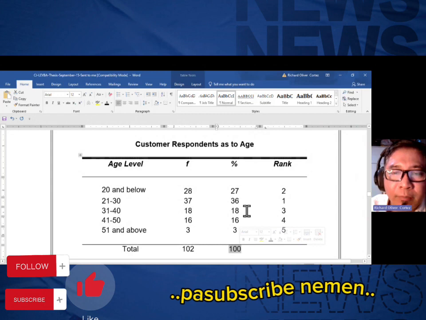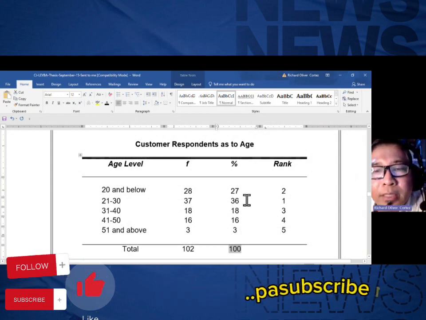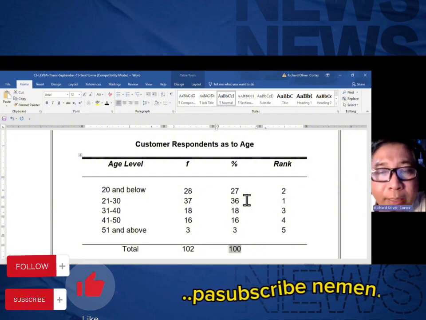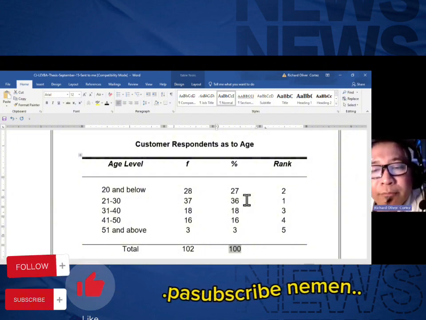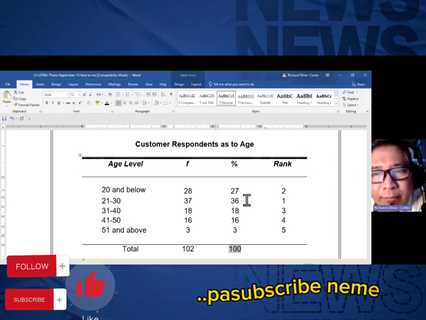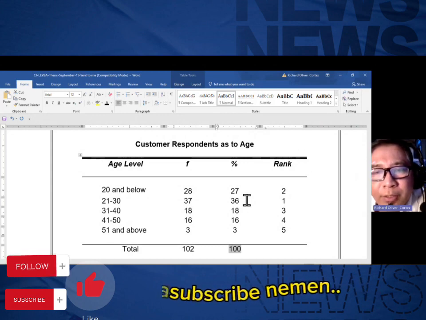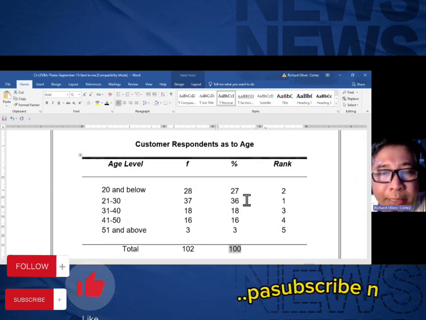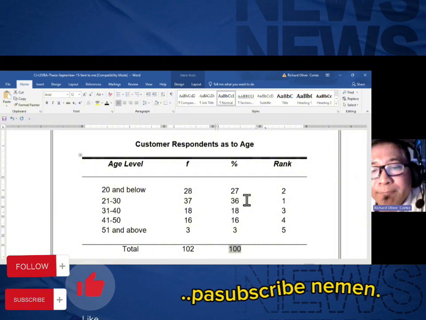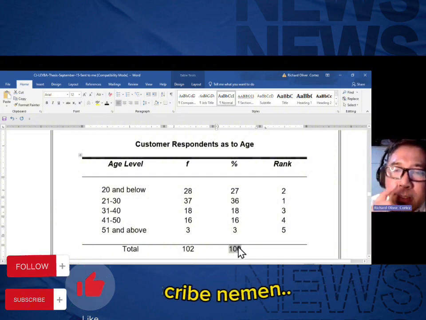Okay, and the percentage should be written in whole numbers. We don't have decimal places. For simplicity and to get the exact numbers, we don't have point-something in our percentages. So you should always round off the percentage, and it always totals 100%.